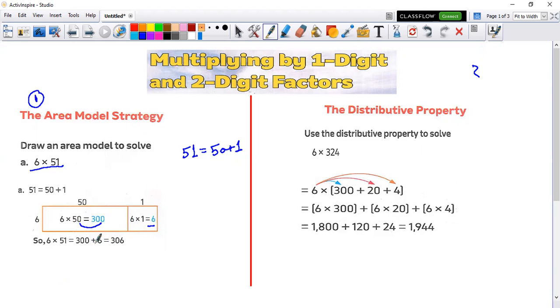Now we will add. 300 plus 6 equals 306. Therefore, 6 times 51 equals 306. This is called the area model. This is the first strategy to solve the multiplication problem.